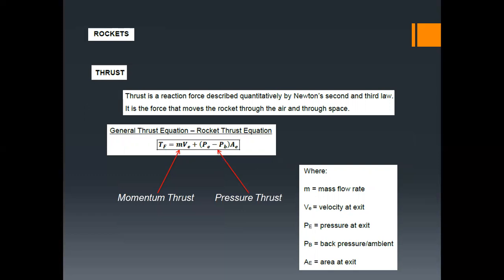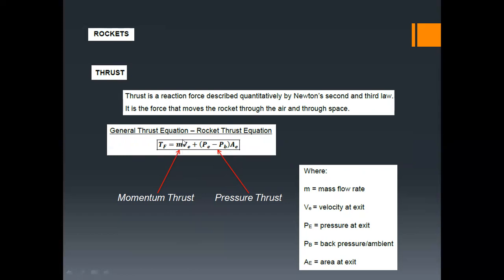So we have a formula where thrust is equal to mass flow rate times velocity at exit, plus the pressure difference between your exit pressure and the back pressure, which is your ambient, times the exit area.